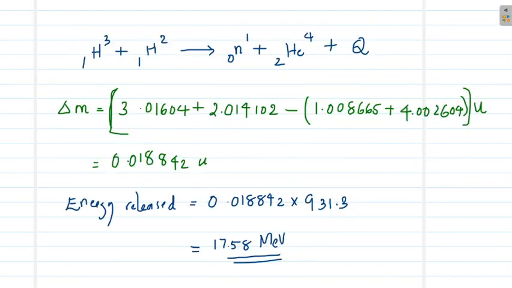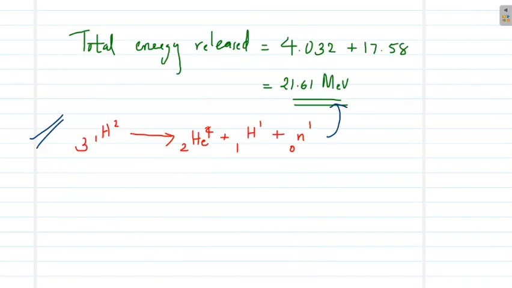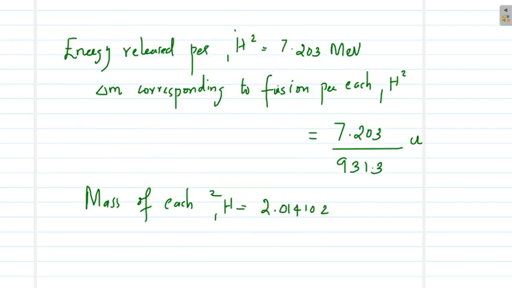The question asks to find the percentage of the rest mass of deuteron released as energy. So out of this rest mass, 2.014, which is the rest mass of deuteron, this much amount is converted to energy. So what is the percentage? Divide each of them and find the ratio between them.